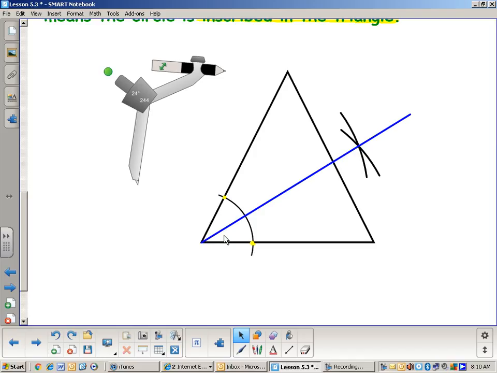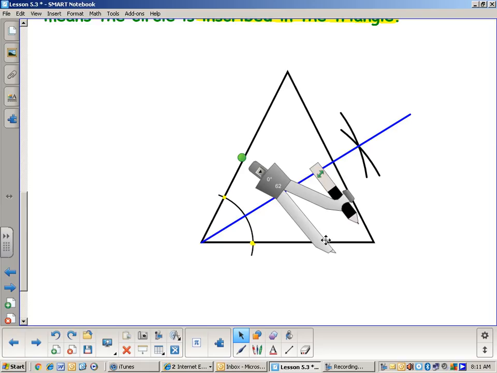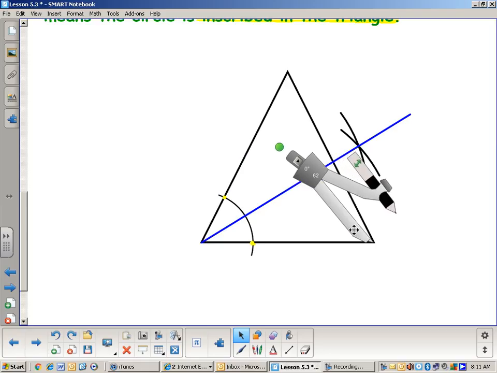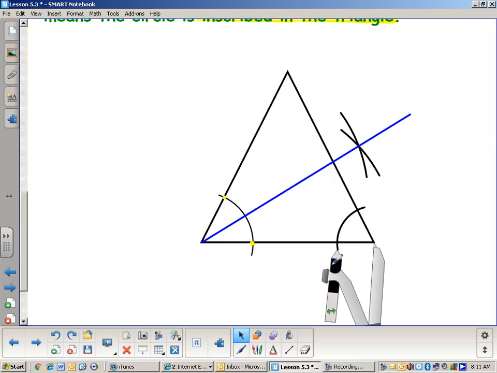angle bisector. Sorry, I was thinking for a moment how I could tie this into yesterday's all of a sudden instead of focusing on what I was saying. Sorry about that. So then I do the same thing in another one. So I come down here, I pick any arc I want, I go to the other vertex, and I draw an arc, crosses both rays, okay, which gives me these points.